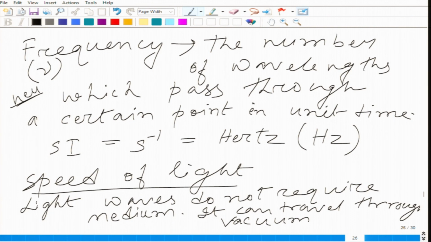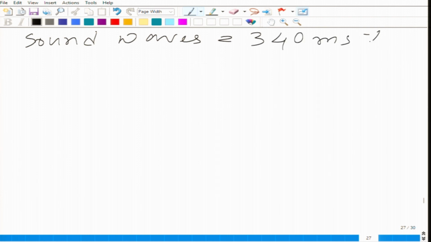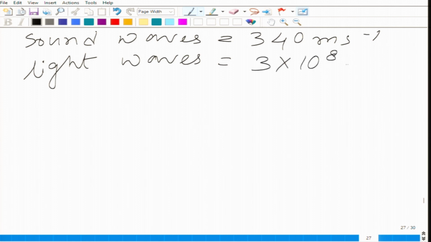It can travel through vacuum, but sound waves require a medium. Light waves also have a very high speed as compared to sound waves. Sound waves have a speed of around 340 meter per second, but light waves have a speed of 3 into 10 to the power 8 meter per second in vacuum.